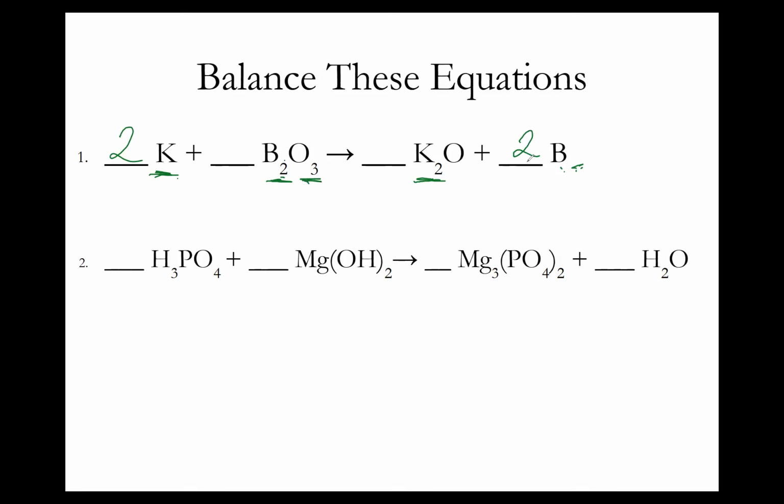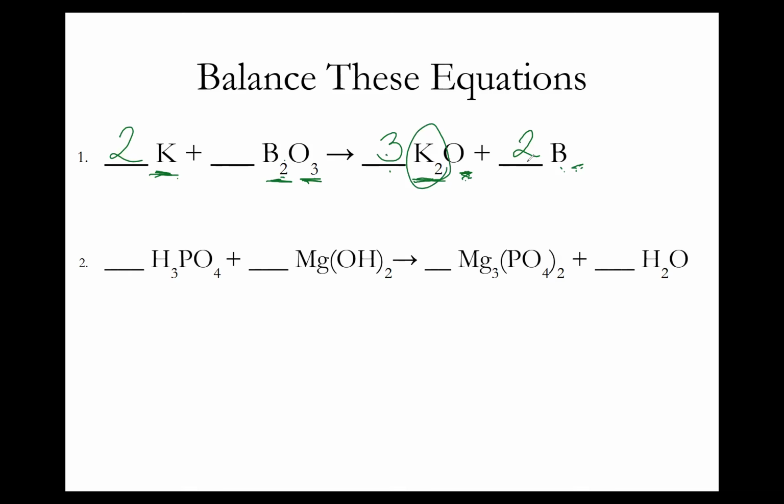Here I have 3 oxygens. On this side, I only have 1. So what do I need to place in front of this one to give me 3 oxygens? What times 1 gives me 3? That would be 3. But now that my oxygens are balanced, what happens to my potassium?